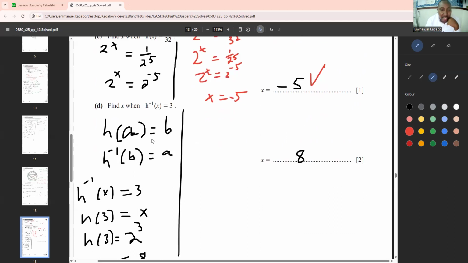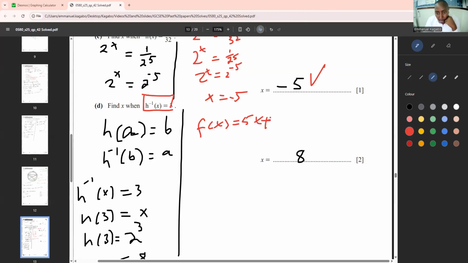Okay, interesting question in the paper. Find x when h inverse of your function equals that. Now, a few things for everyone. You can see what I did, but I want to explain some things. When you have a function, I can do an example here. Any function, I'm trying 5x plus 2.